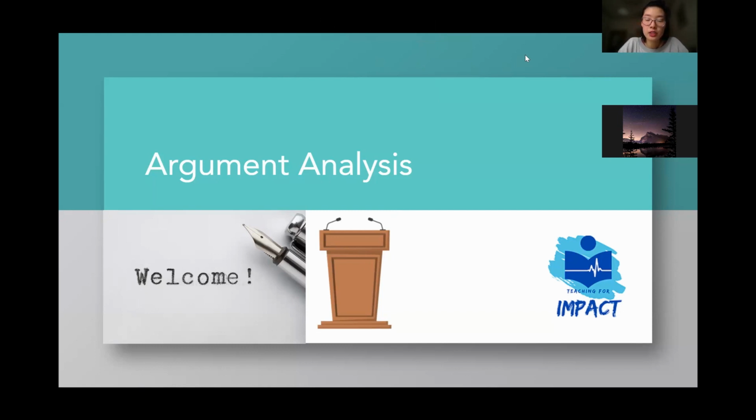And today we're going to be talking about argument analysis. So as we all know, this is section C and it is quite unpredictable. But I like to think of it as the more analytical side of things. If the essays were on a spectrum, this would probably be the more analytical side.